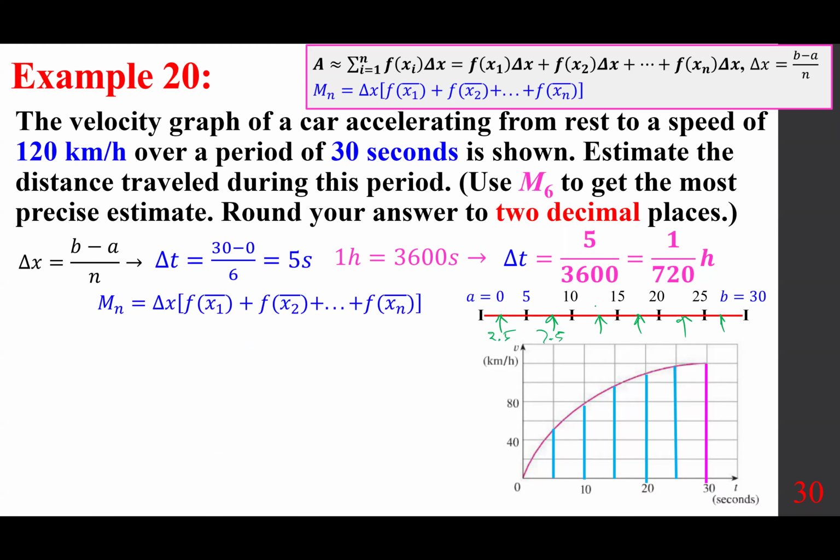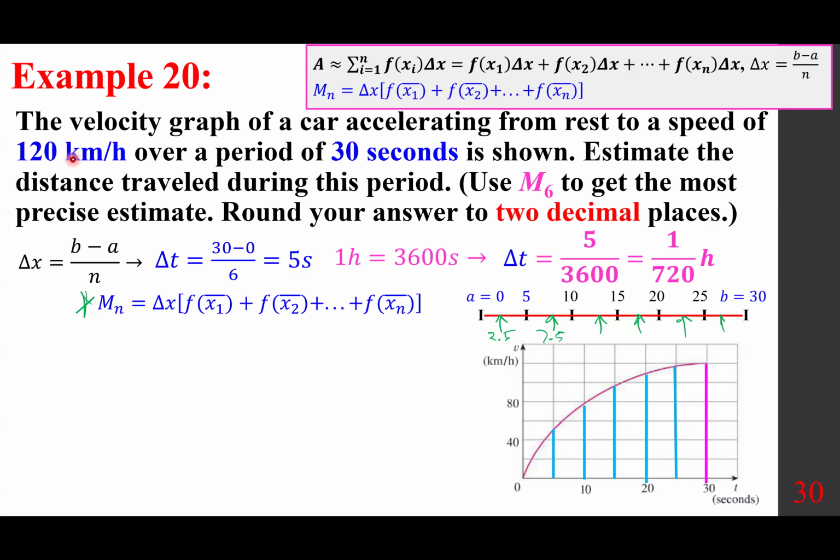So this is the formula for the midpoint. And again, I don't see any reason to memorize it. It's delta x, which we already have, in this case delta t. Delta t is 5 seconds, but we are not going to use 5 seconds. We are going to use 1 over 720 hours because this is kilometers per hour.